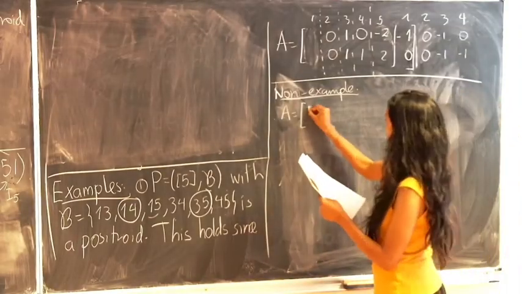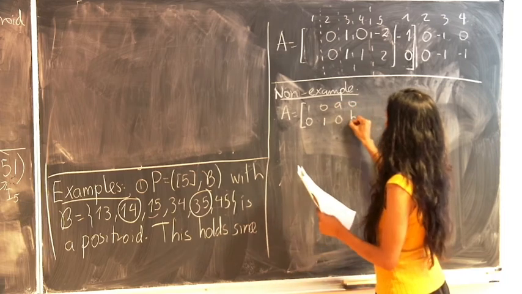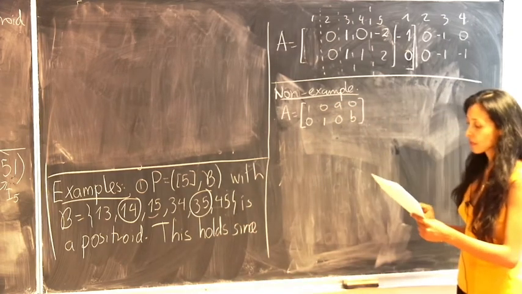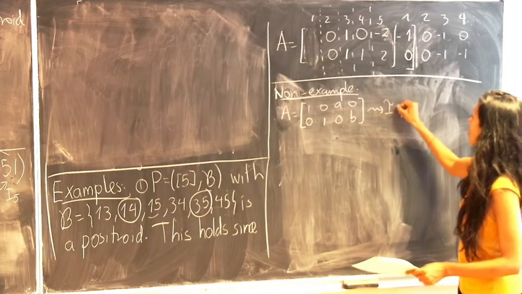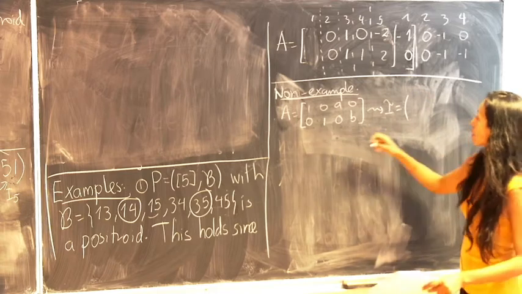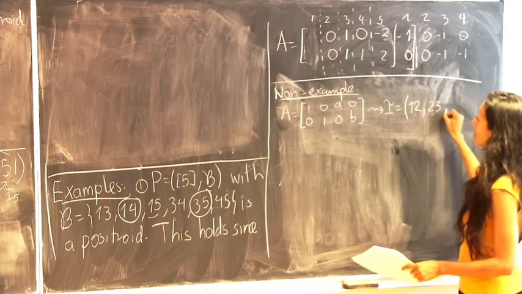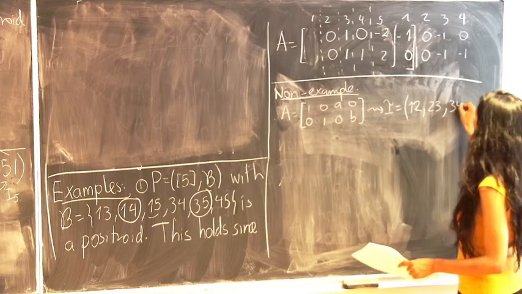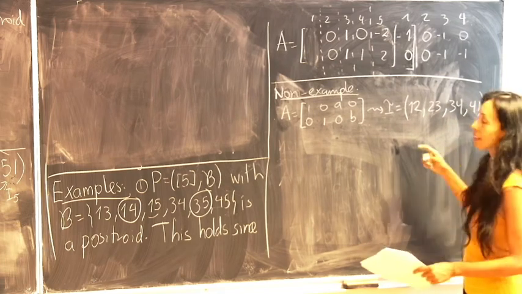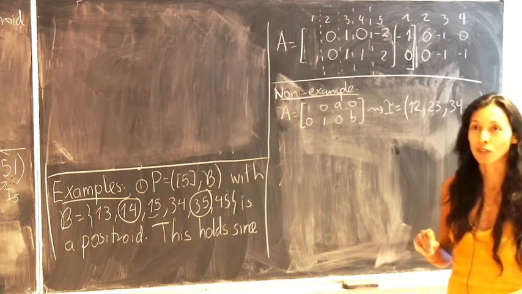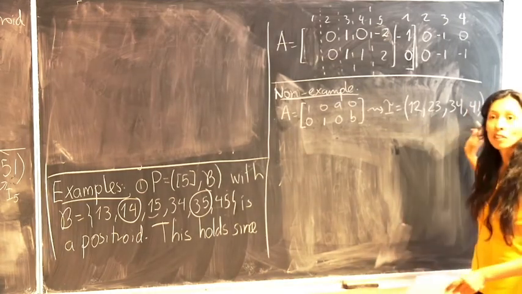So we had 1, 0, 0, 1, A 0, 0, B, and A and B are non-zero. So if we were to obtain the Grassmann necklace out of it, we are going to get 1, 2, then 2, 3, then 3, 4, and then 4, 1. And again, I have done this many times, so I know how this goes. But anyway, this is going to be the Grassmann necklace.